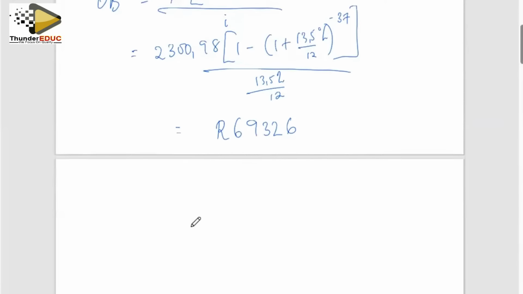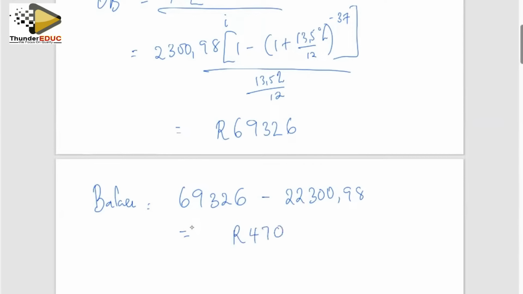Then I need to go down now and subtract. So the balance will be 69,326, subtract the 22,300,98. And that is done. We shall have 470.25,02.